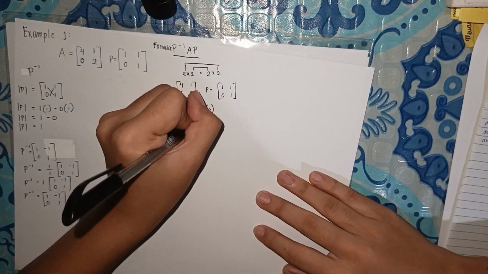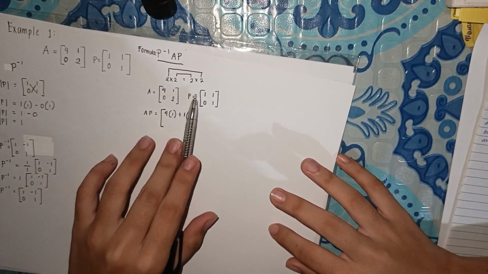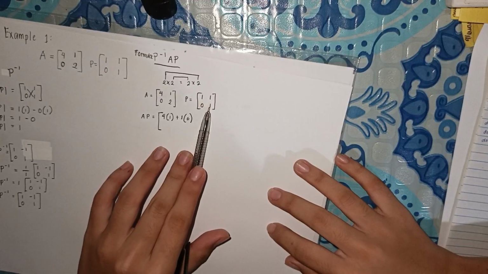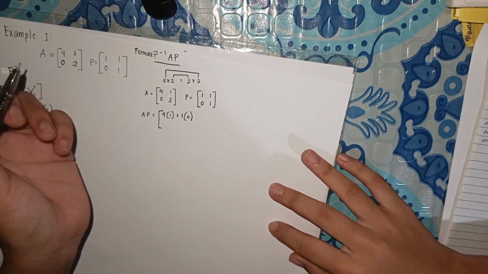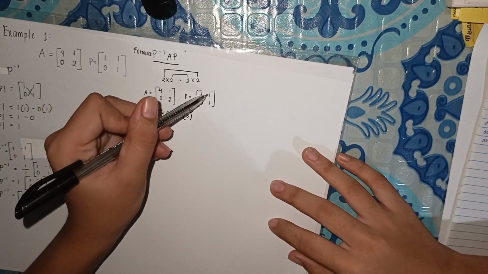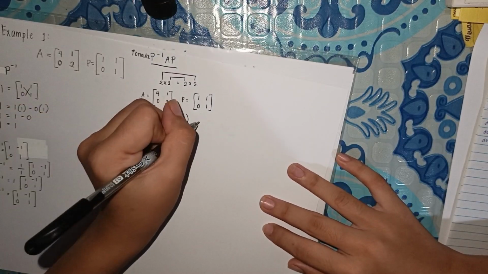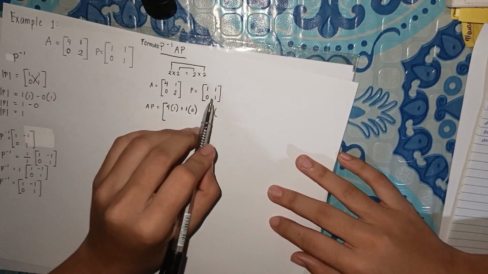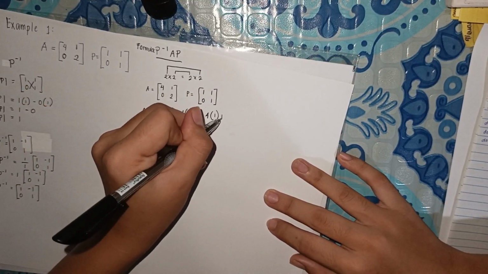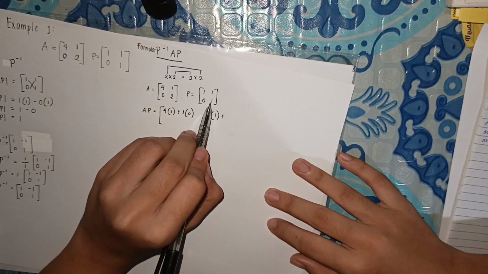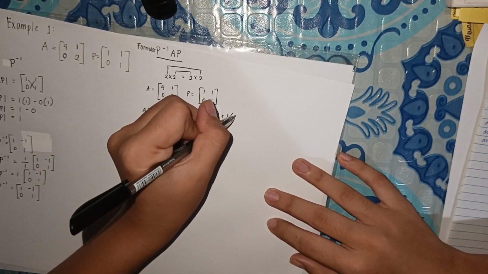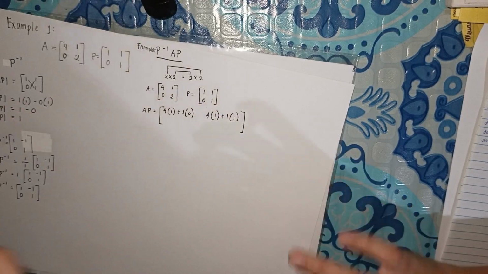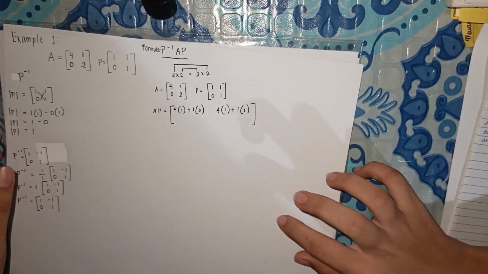Next, the row jumps and we multiply by the second column. So, 4 times 1 plus 1 times 1. Next, we are on the second row.